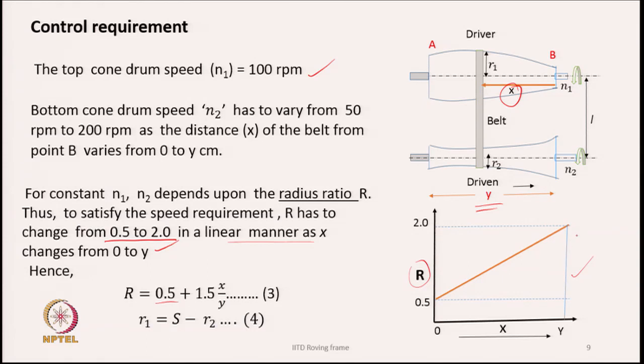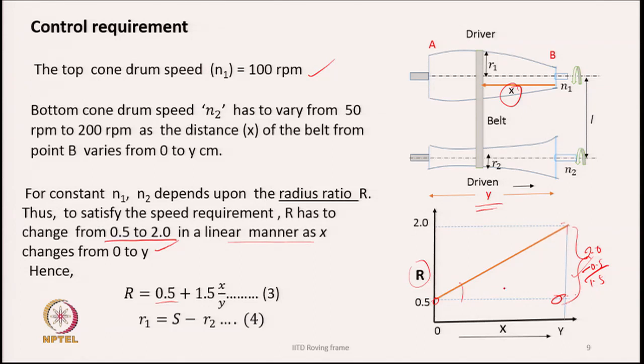1.5 is from here to there, and from here to there it is y. Therefore, if I want to find this tan theta, the slope is 2 minus 0.5, which gives 1.5, and from here to there this is actually y.